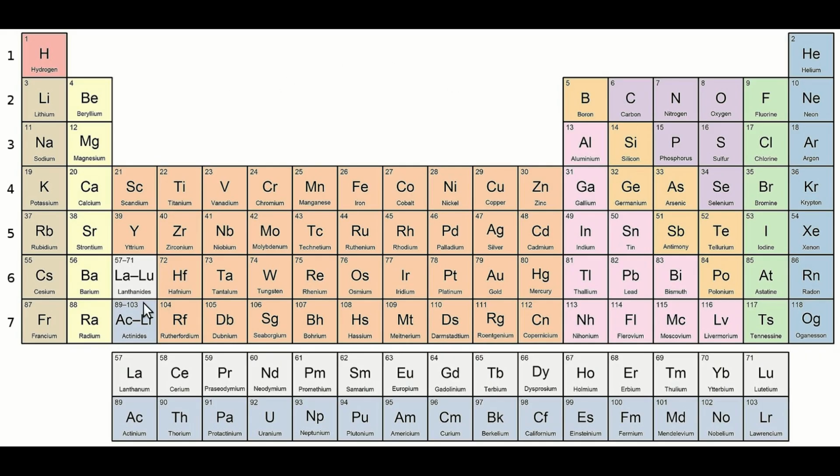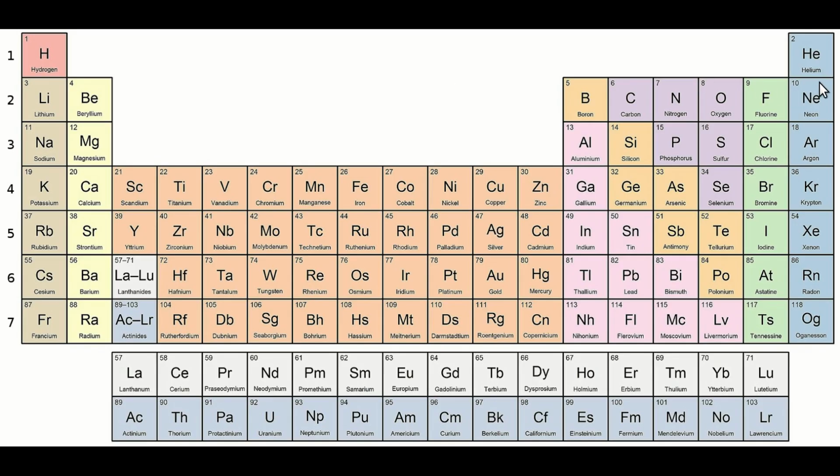Now, the reason why this whole thing is called a periodic table is because of these numbers over here. These numbers represent the period. So the first row of the periodic table represents the first period. The second row, second period. Third row, third period, and so forth. So what the period number represents is the number of electron shells in that particular atom.